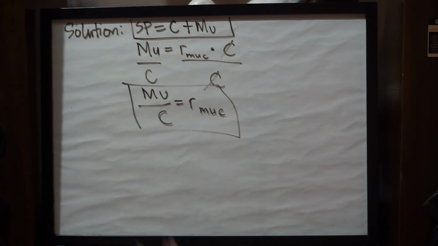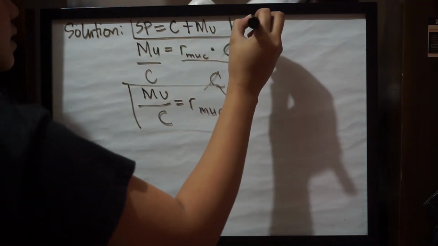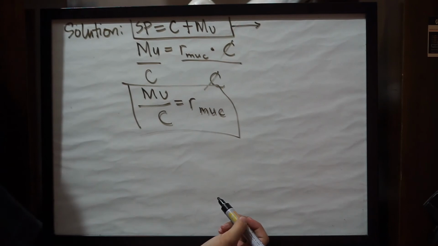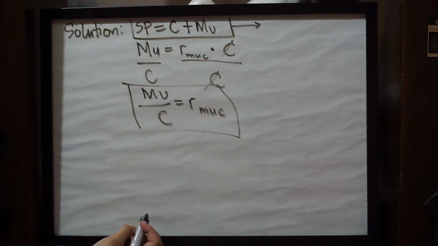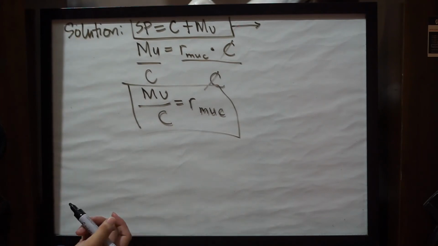So, using ulit ng mga rules in algebra, all you have to do is apply the rules of APE, yung alam ninyong transpose. APE stands for addition property of equality. Yun yung proper term for transpose. So, using this one, para makapag-solve tayo for markup, we transpose C to the other side of the equation.